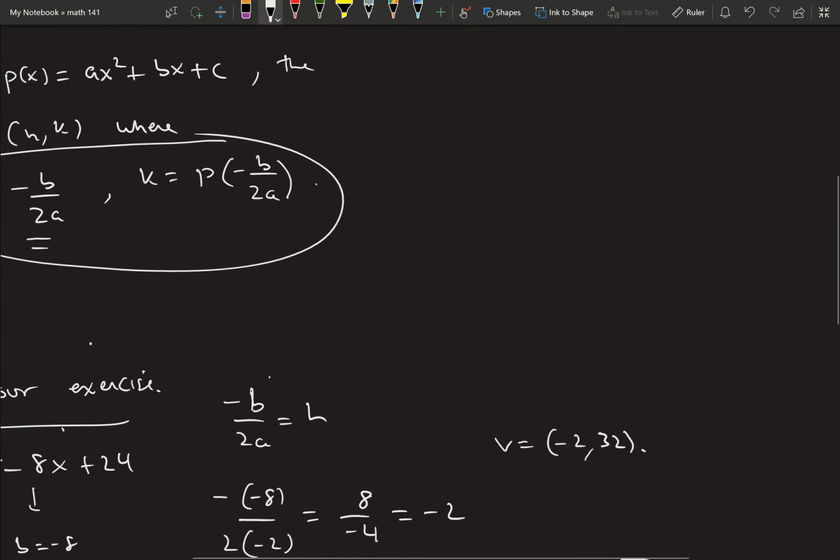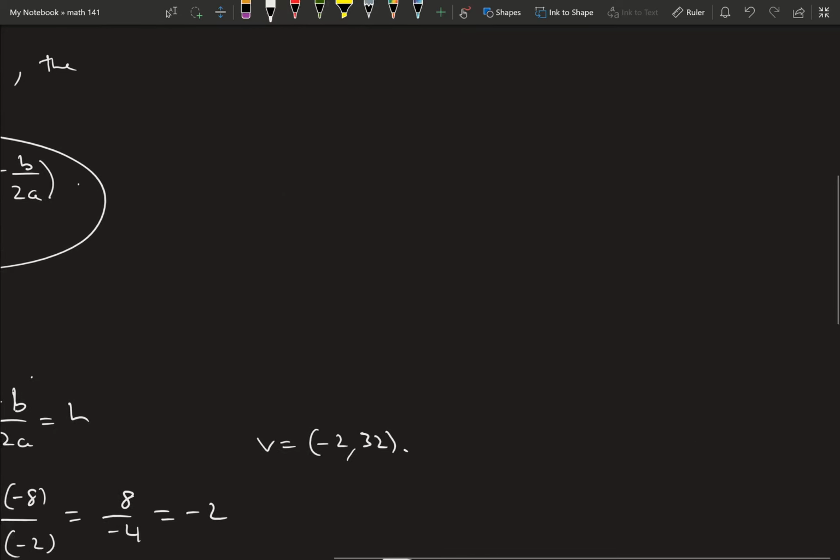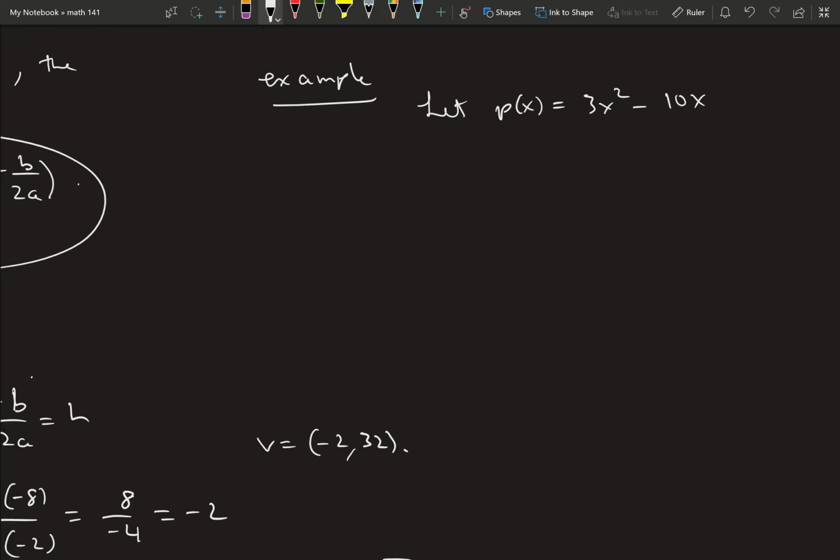Let's just do one last example here, and then we'll stop. So let p of x be 3x squared minus 10x plus 1. Find the vertex.